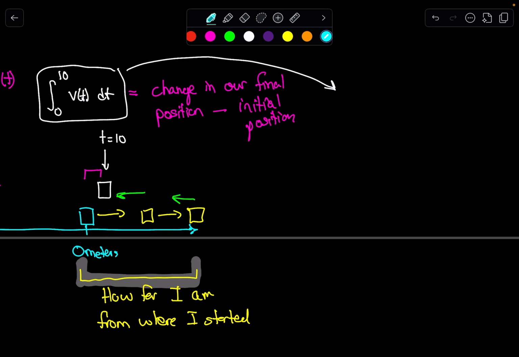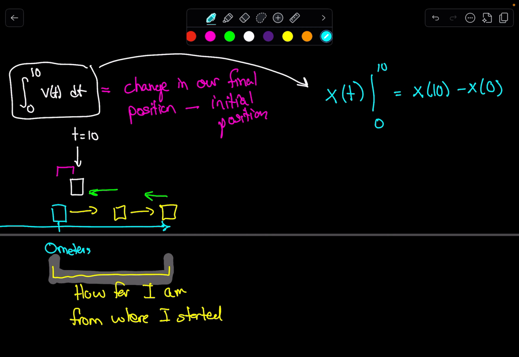Well, you do the antiderivative, you're going to get the position function, and you evaluate it from 0 to 10, right? What does this tell you? This says figure out your final position, compare it to your starting position, and this is going to give you the gap in those two positions. Okay.